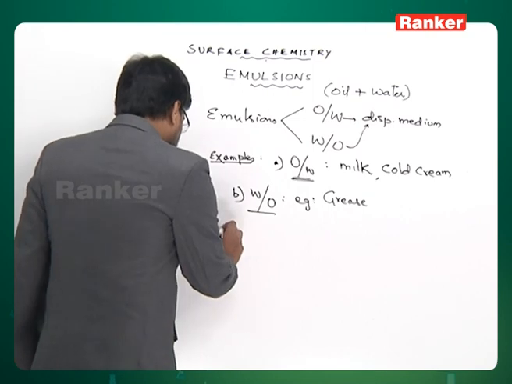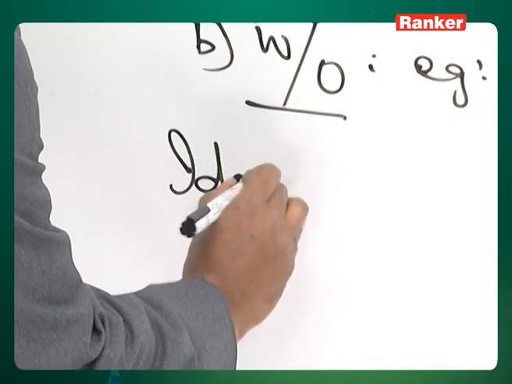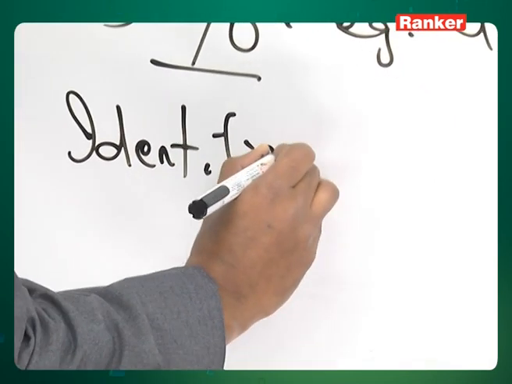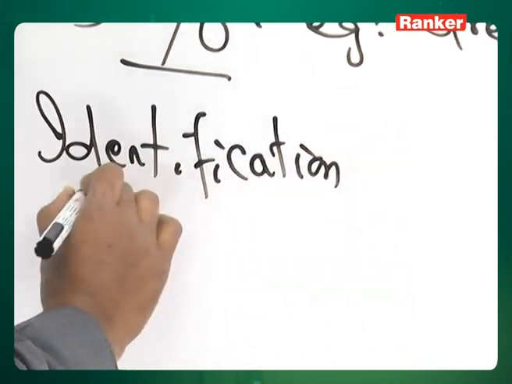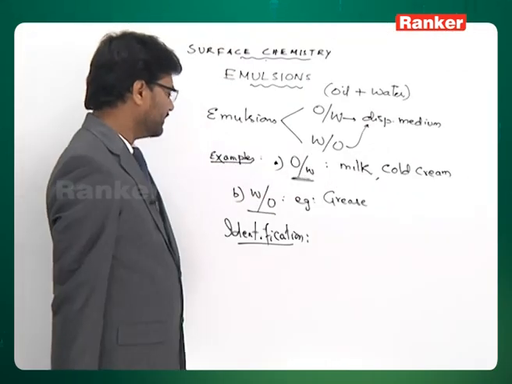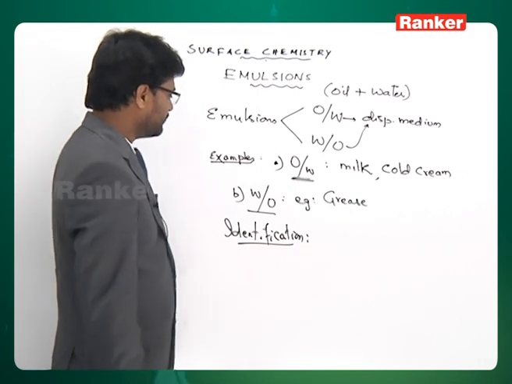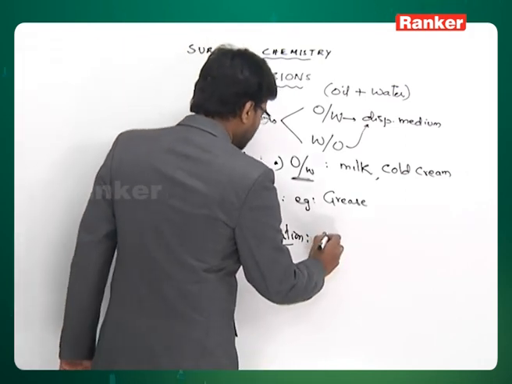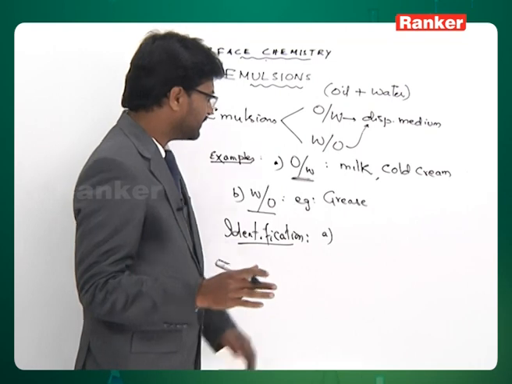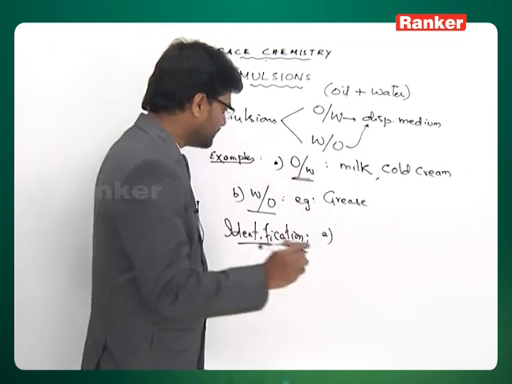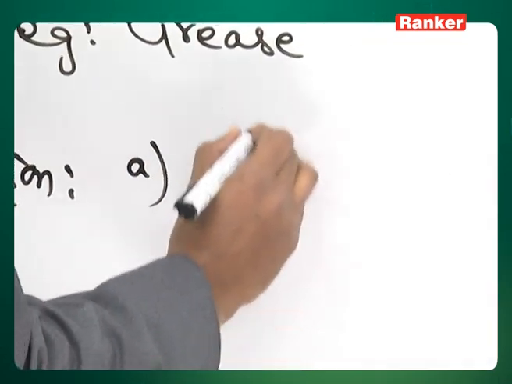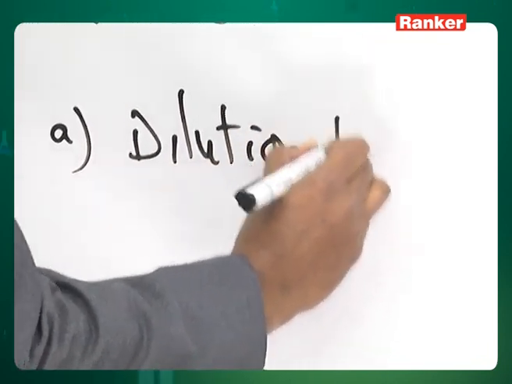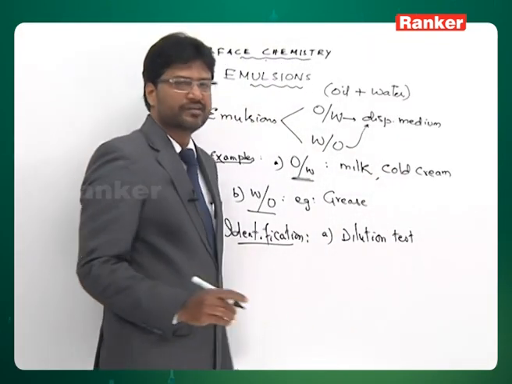Now, how to identify whether a particular emulsion is oil in water type or water in oil type? Identification of emulsion. There are two ways you can identify it. Number one is the dilution test.